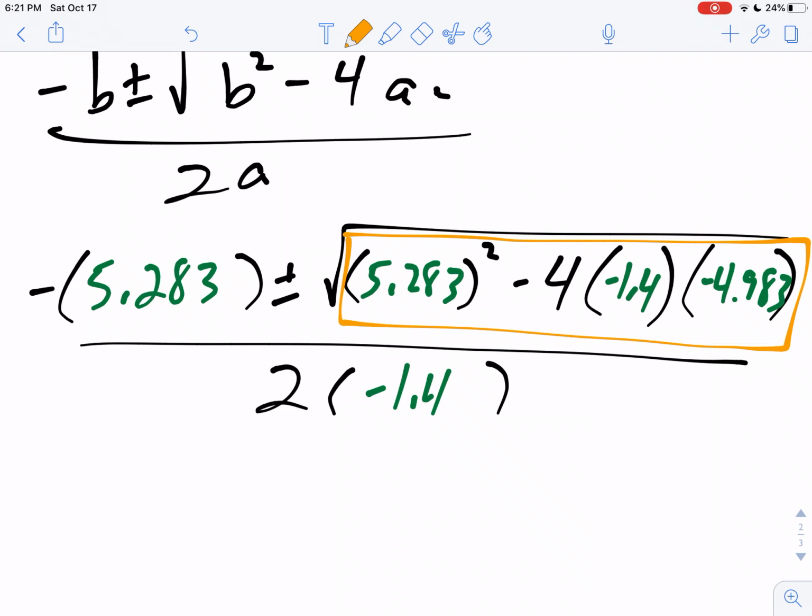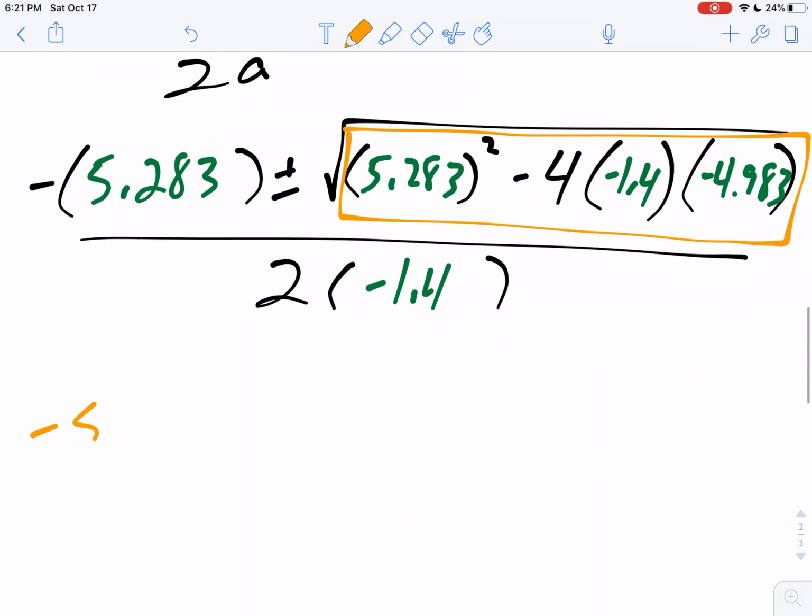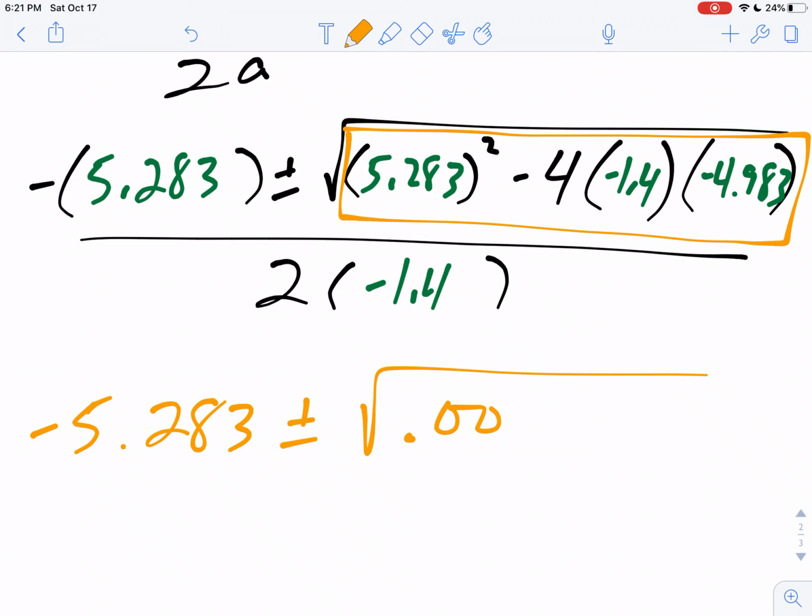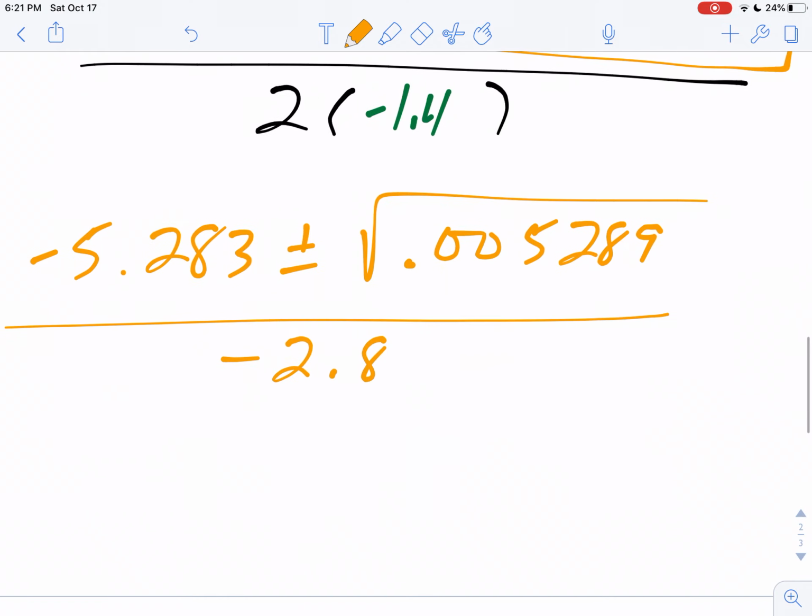Negative 1.4 times negative 4.93, and I got, now again, this may not sound too exciting because you have a different problem to look at, but I got that, and then I have to take the square root of that.